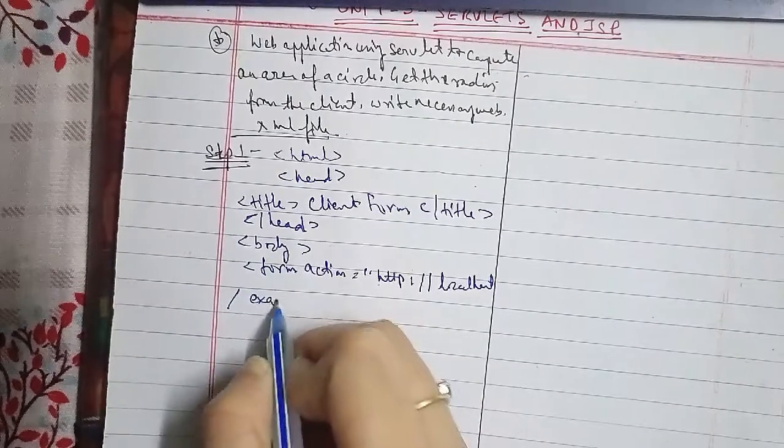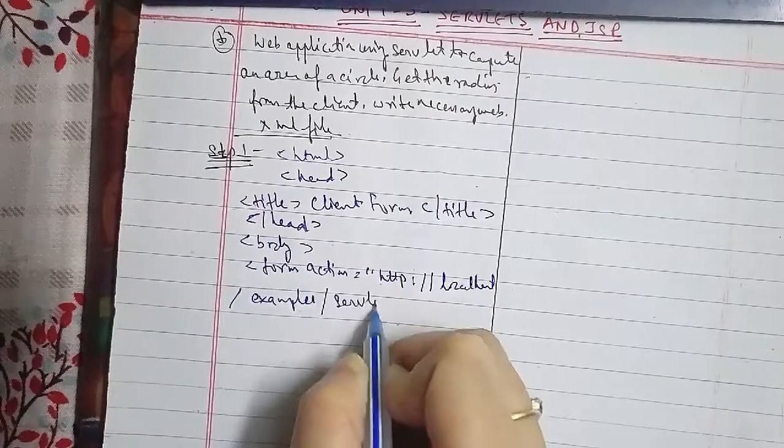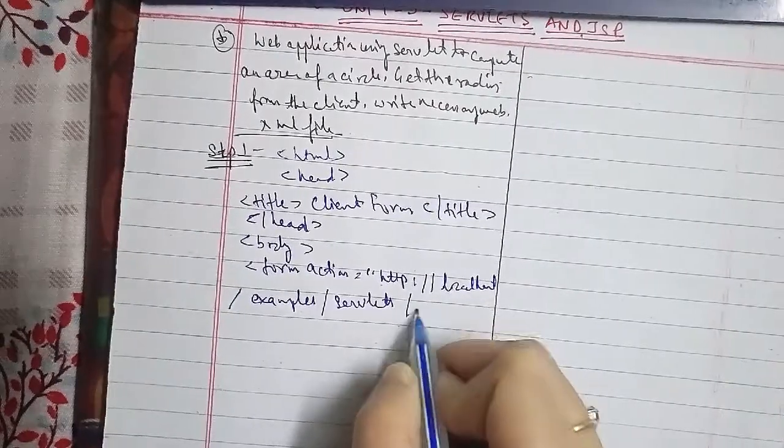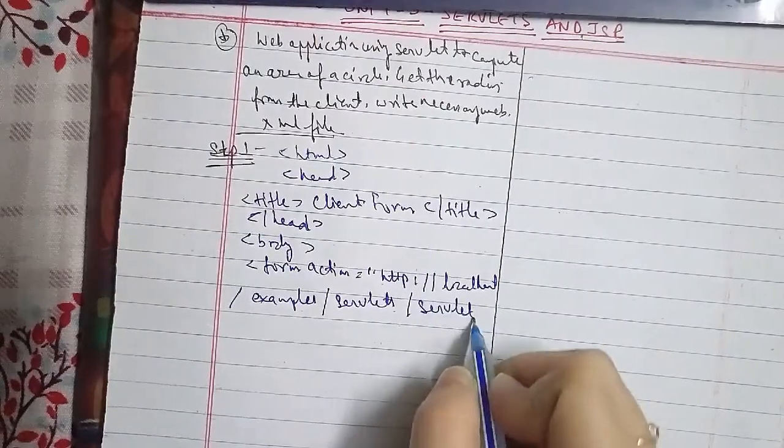This is servlets and this is servlet circle area. Method equals to get.